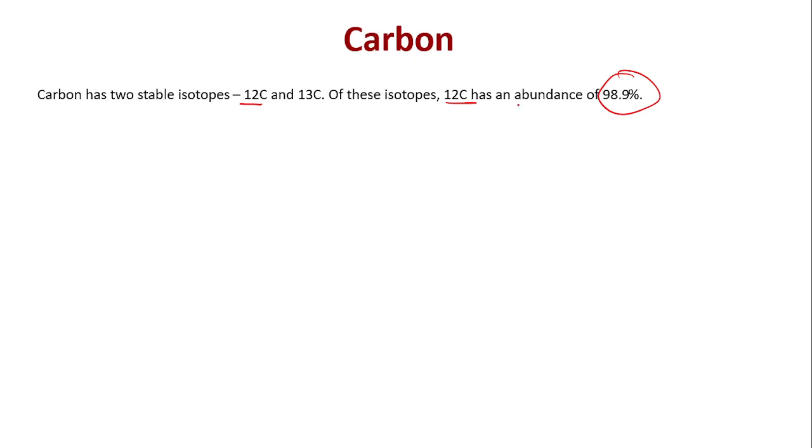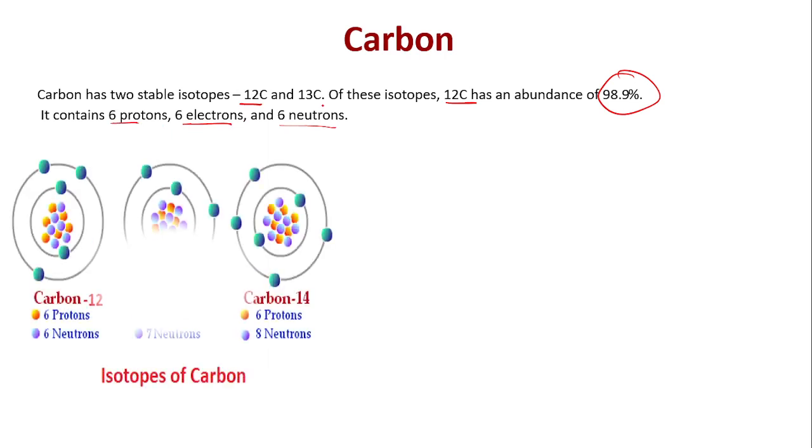So these figures are very important for your exam. It contains 6 protons, 6 electrons, and 6 neutrons. So that's the structure of the isotopes of carbon. Remember, the most common one is this one.